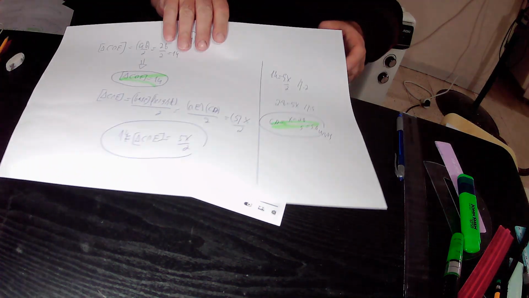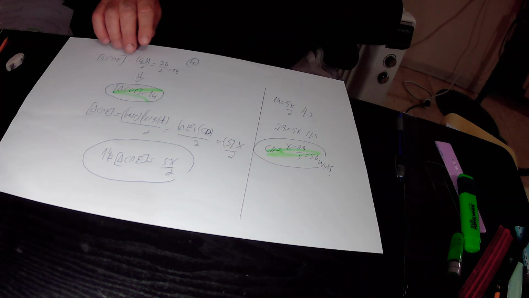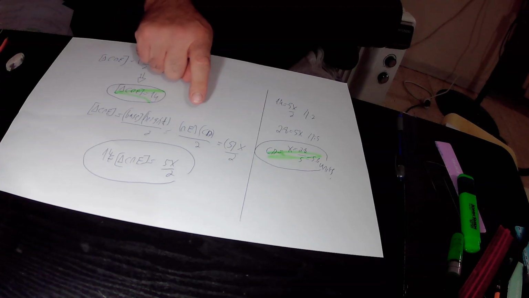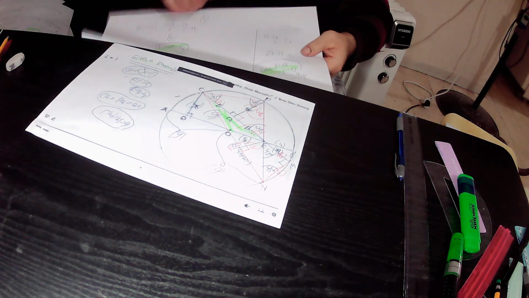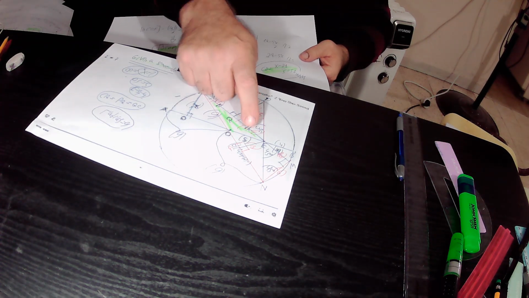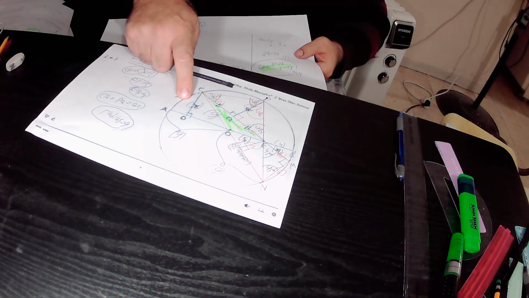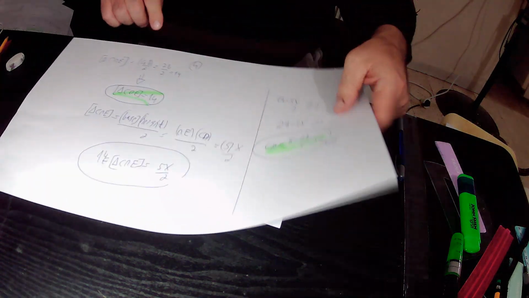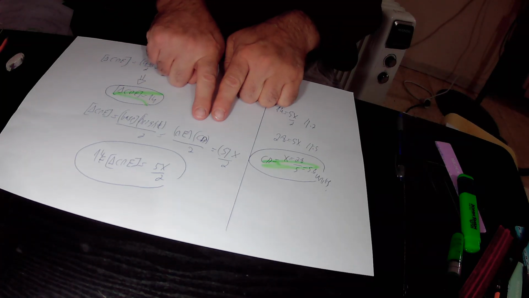So in total, we found out that the area of the green triangle COE equals the base, that is OE, times the height, that is CD, over 2. According to what is given, OE equals 5 and CD equals X. X is the line segment that you're looking for in this question. So substitute OE by 5 and CD by X, over 2.